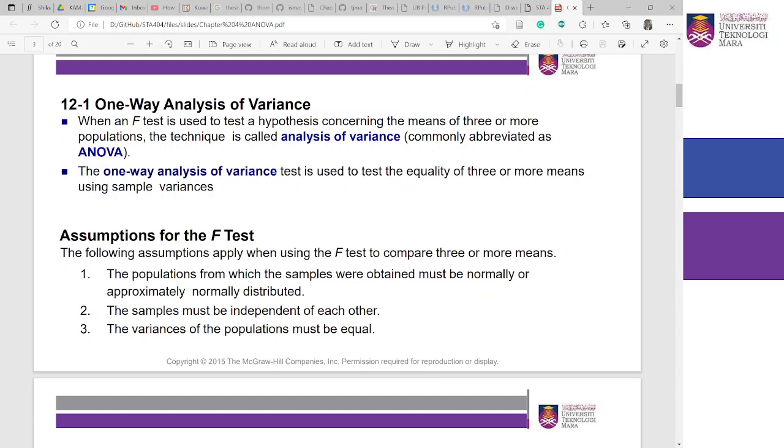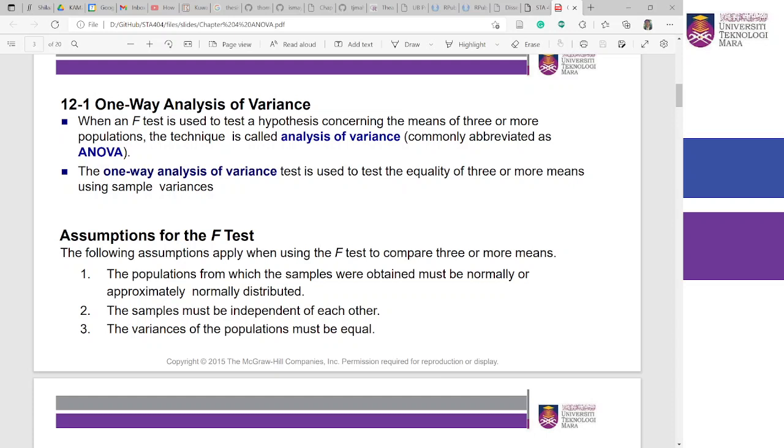It says here, when an F-test is used to test hypotheses concerning the means of 3 or more populations, the technique is called analysis of variance, commonly abbreviated as ANOVA. So the one-way analysis of variance test is used to test the equality of 3 or more means using sample variance.